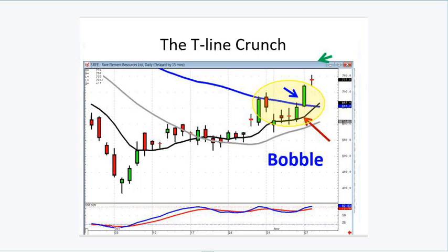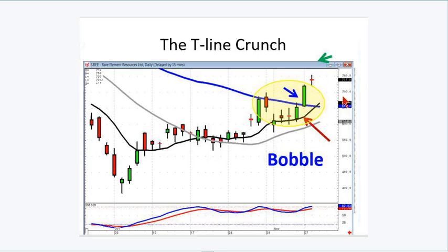A Bobble breakout is one of our strongest patterns because we can see exactly where they were taking profits at the 50 and then coming back up through that resistance level, telling us the buying was back in. Now, why is that more relevant? If you took the 50 out, what type of pattern do you have?